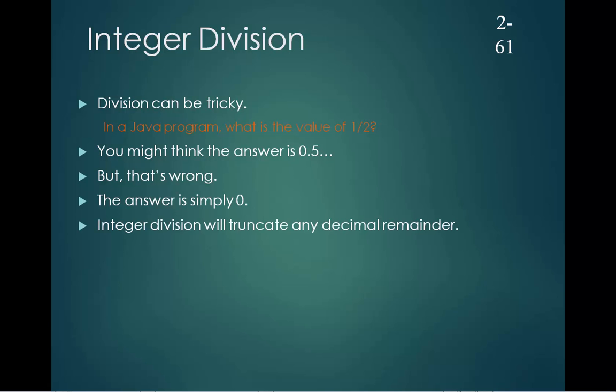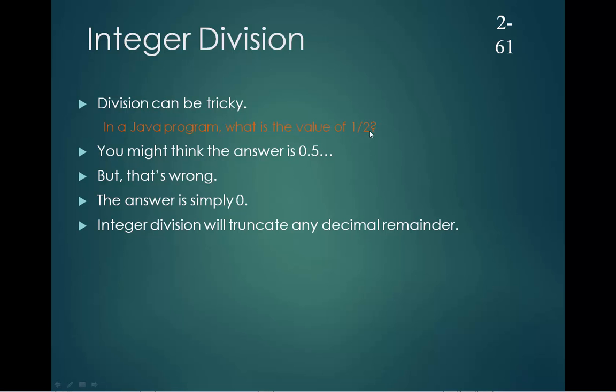Why is that? It's because notice that in Java, these are int literals. So 1/2 means divide the integer 1 by the integer 2. And when you divide one integer by another, the result needs to be an integer. That's what Java is going to do with it.